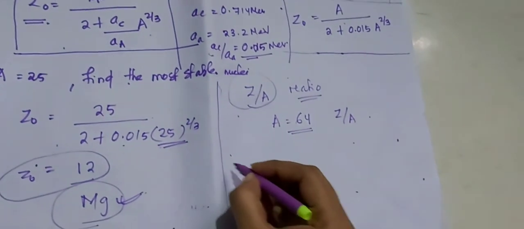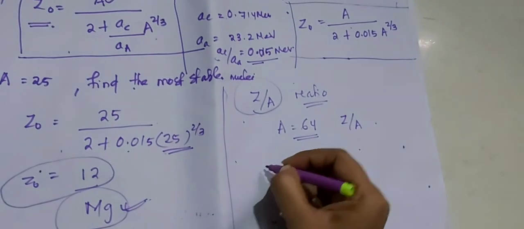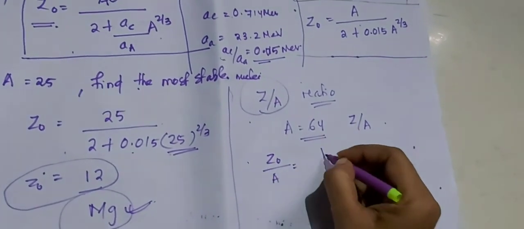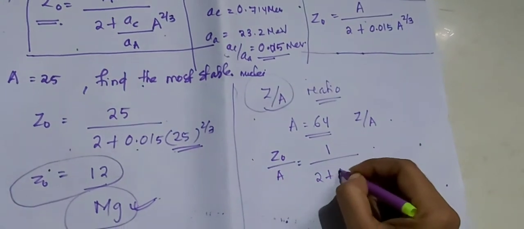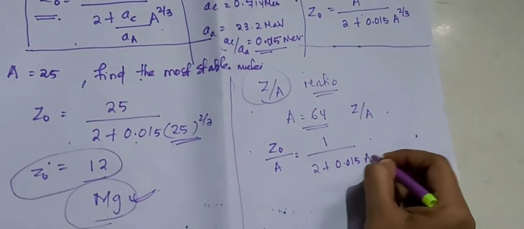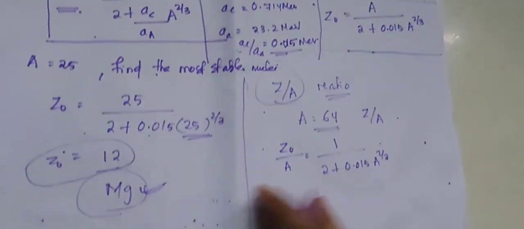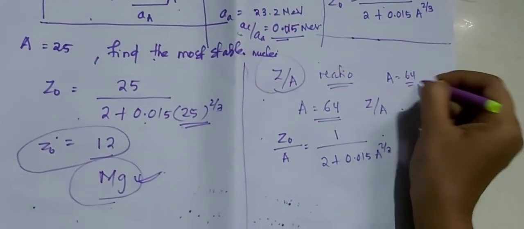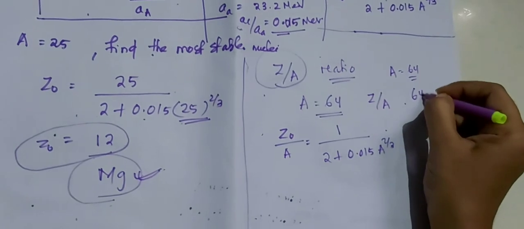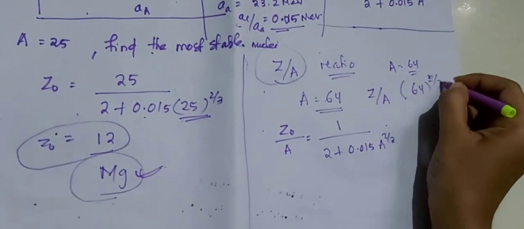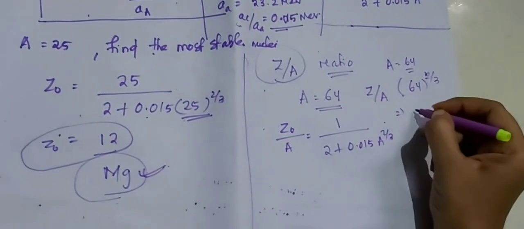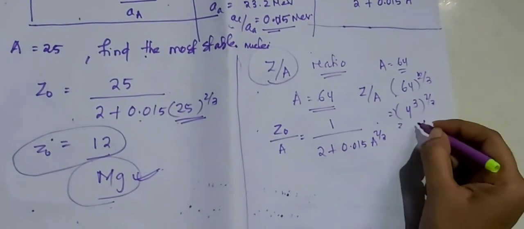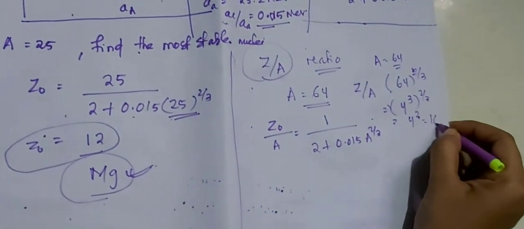Okay, so as you can see here, Z naught by A is equal to 1 by 2 plus 0.015 A to the power 2 by 3. As A is equal to 64, I can find 64 to the power 2 by 3. 64 is nothing but 4 to the power 3, so here I got 4 square, that is equal to 16.